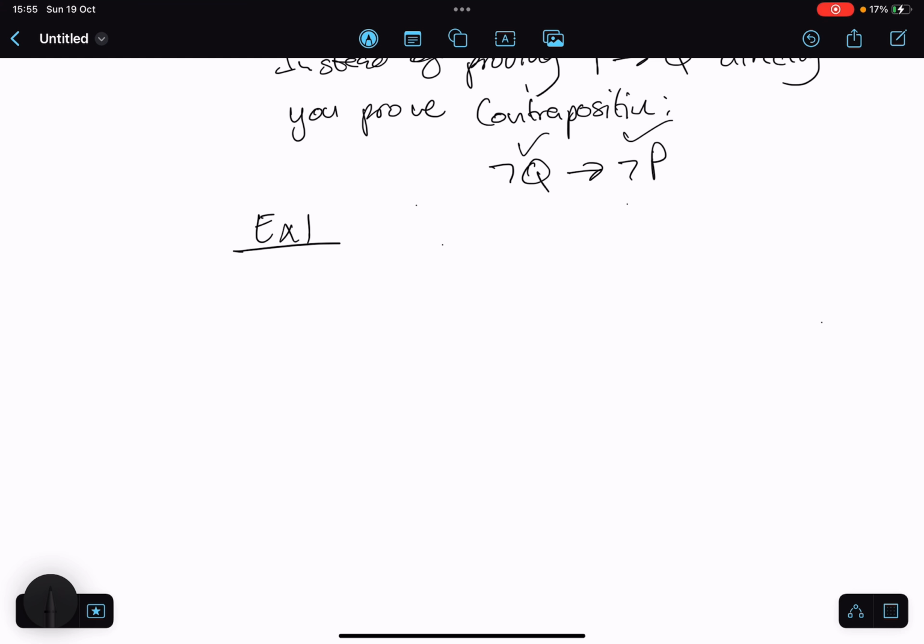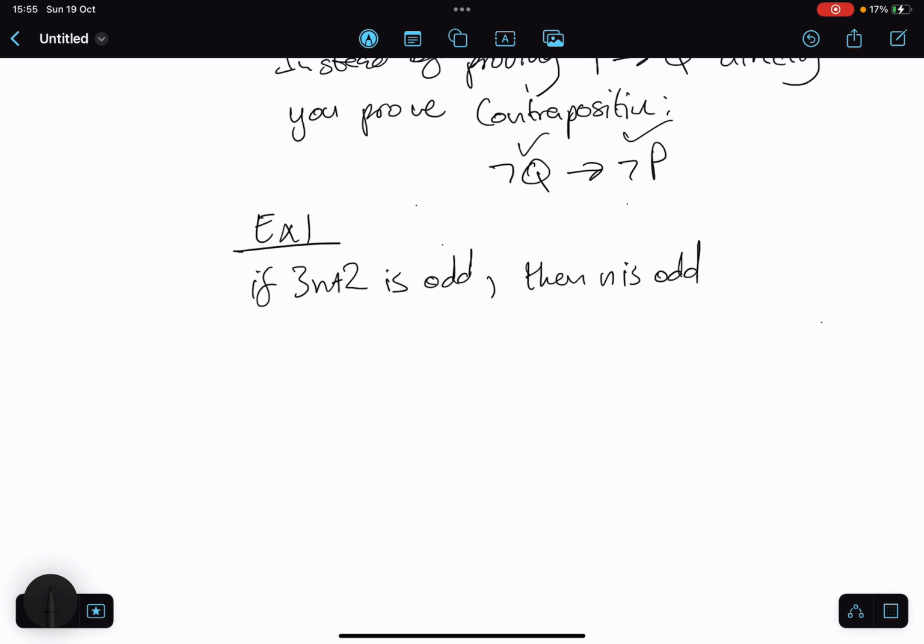With an example, we are saying if 3n plus 2 is odd, then n is odd. Simple statement. If 3n plus 2 is odd, then n is odd.